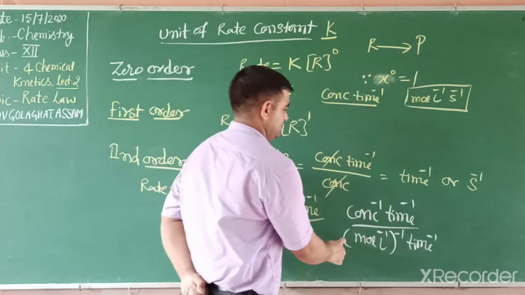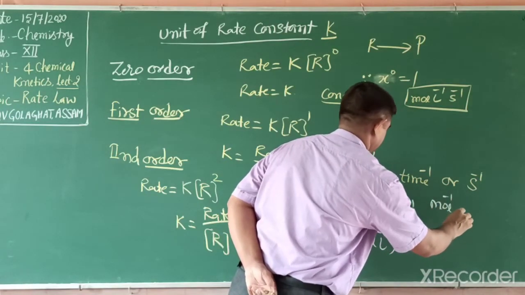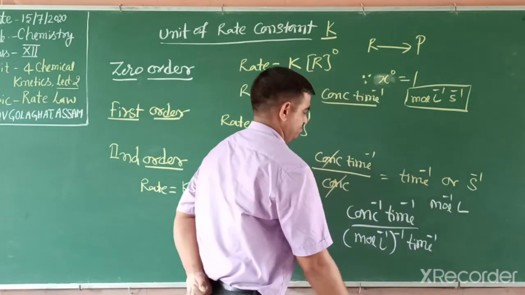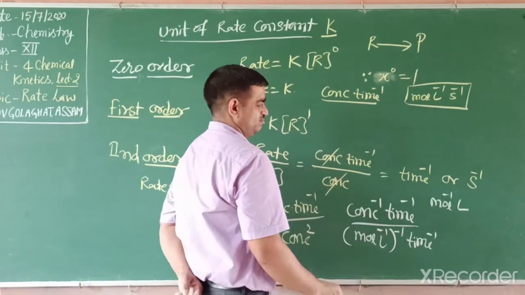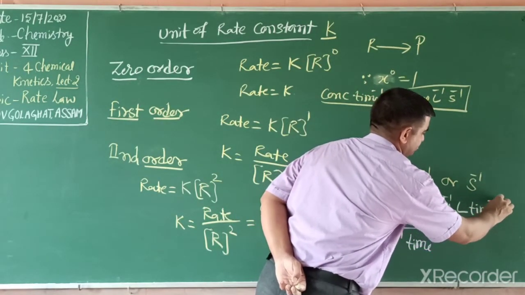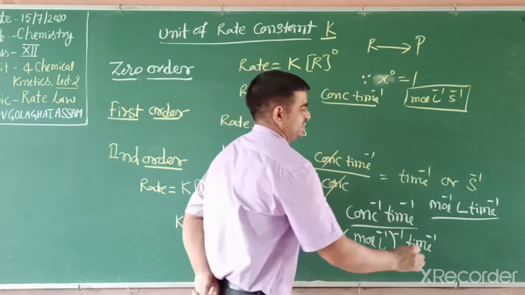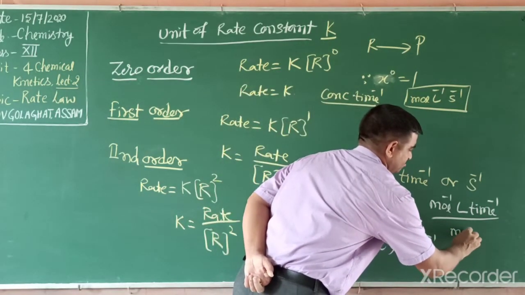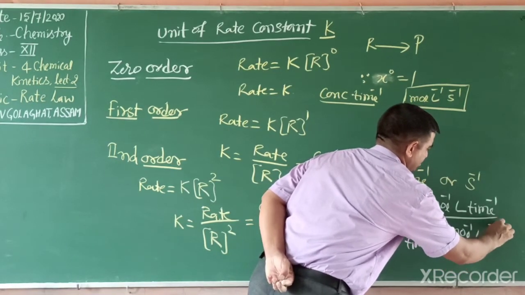So we can write mole inverse liter, because -1 multiplied by -1 gives +1, mole inverse liter time inverse. If you write time in second, then mole inverse liter second inverse.